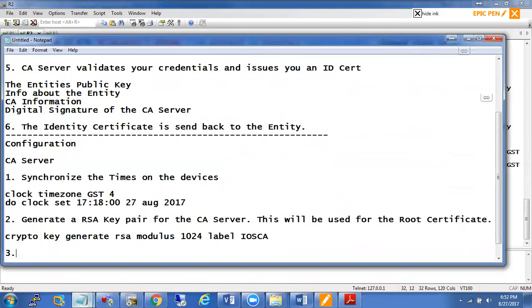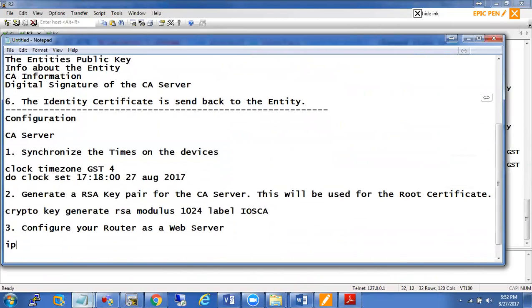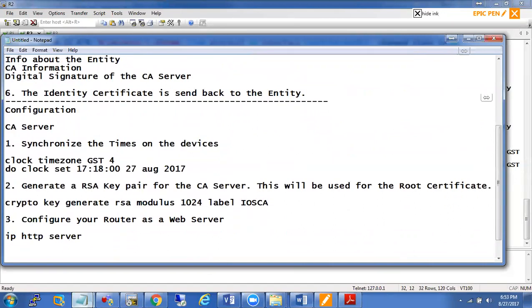Step number 3, also very important. Configure your router as a web server. Why is that required, guys? Why do I need to create it as a web server? What if I don't?